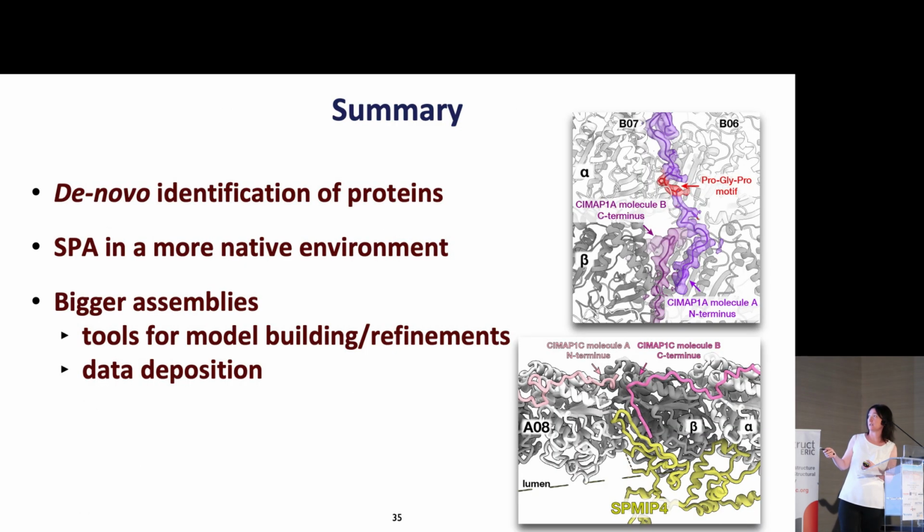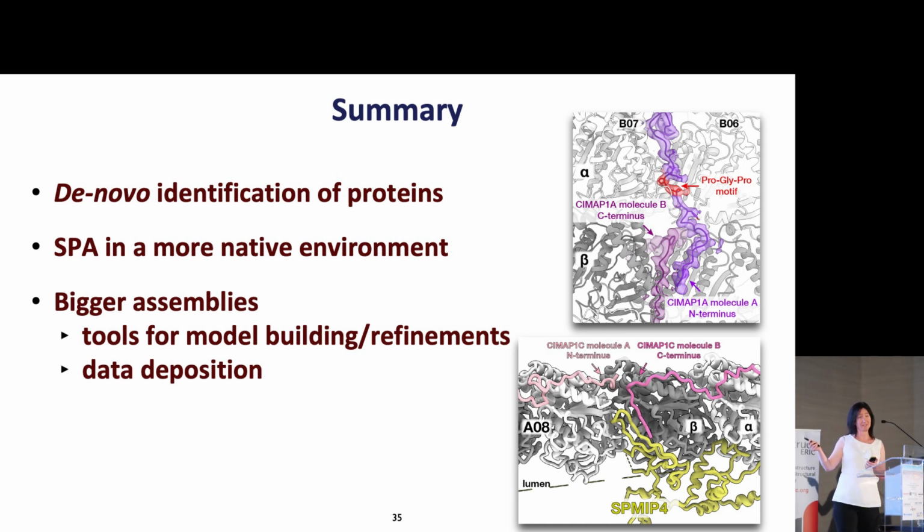And with that, this is my summary. I think for me it's really a great time to be in the field, because we can do this de novo identification of proteins with cryo-EM, which is amazing. I just showed you that even single particle analysis is going more native. And there are more examples, it's not only us.